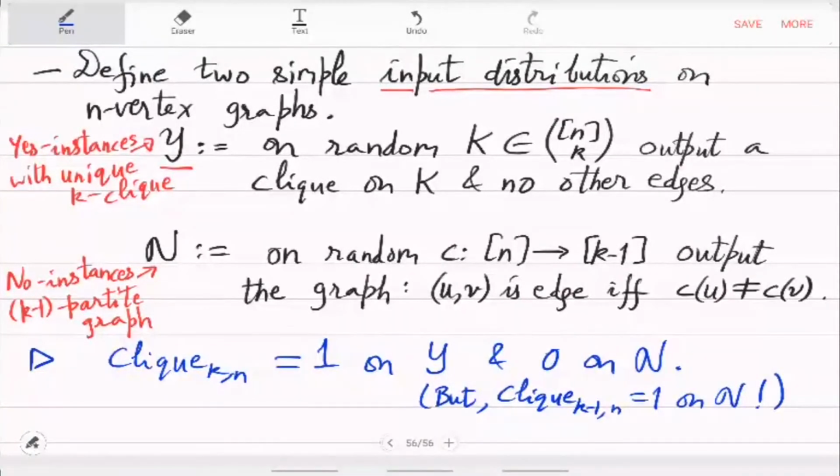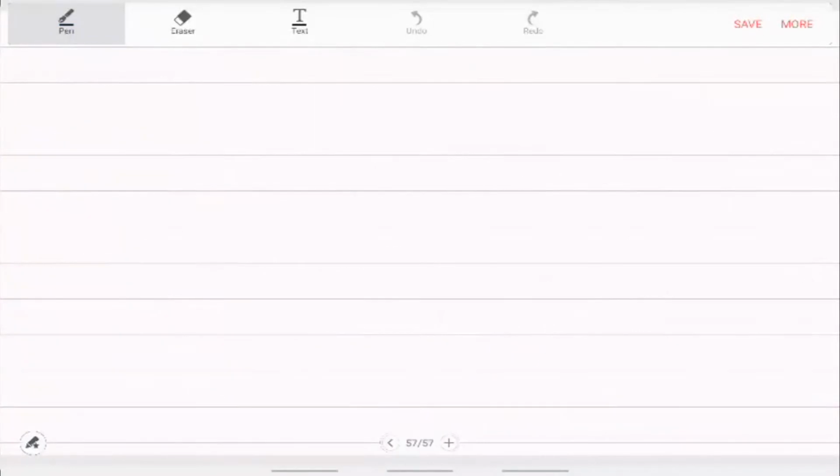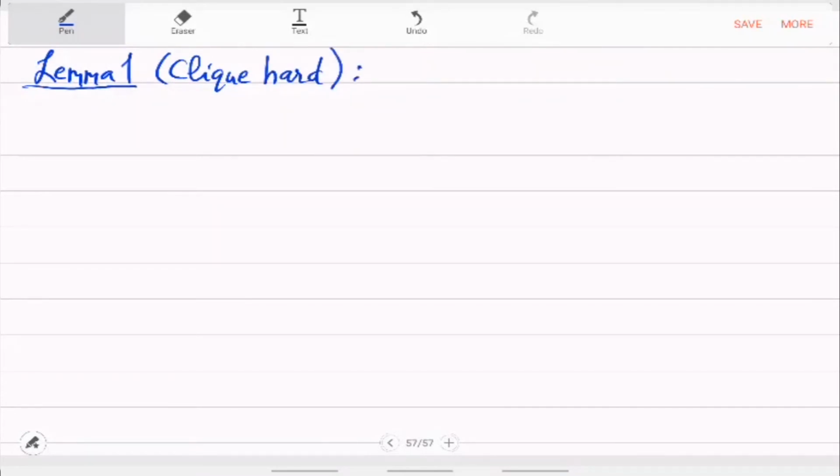So let us first show that clique is hard. So basically what we will show is that clique requires many indicators.